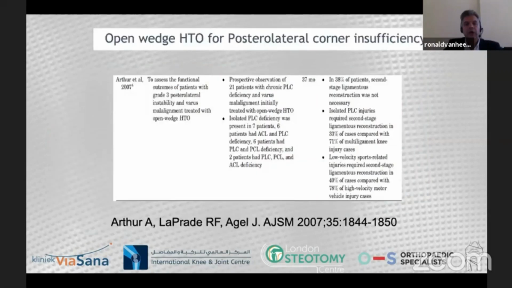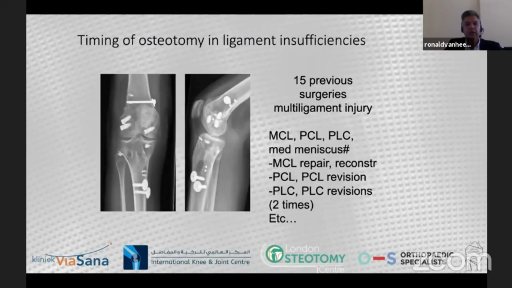Some literature, open wedge high tibial osteotomy for posterolateral corner insufficiency. Look at the group of LaPrade who published on that. 38%, almost 40%, didn't need any second stage ligamentous reconstruction after such an osteotomy. And this is also an example about timing of osteotomy in ligament insufficiencies.